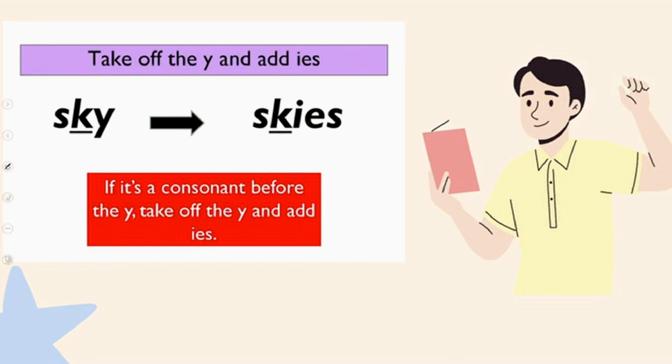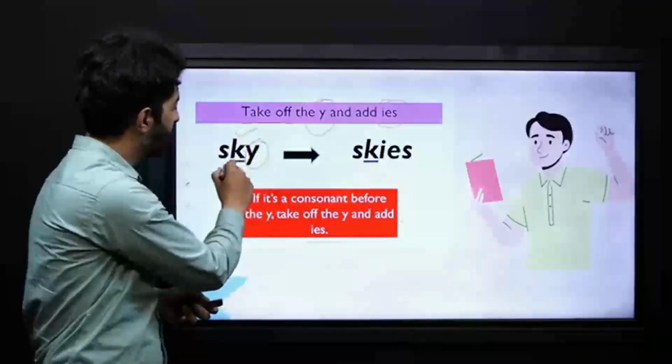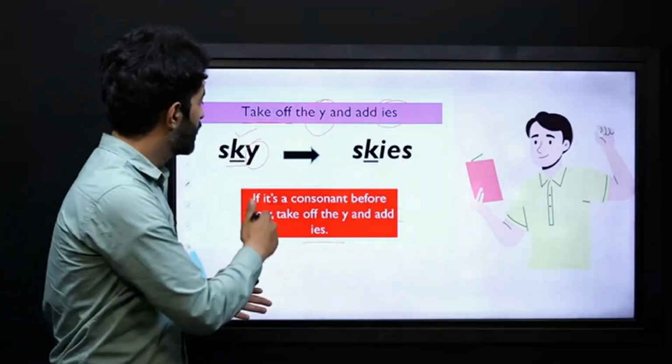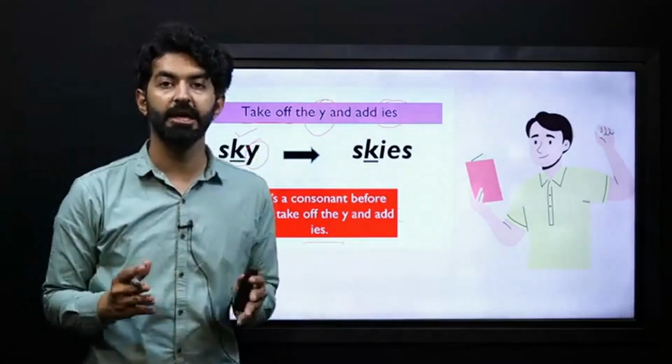For the consonants, take off the Y and add IES. If it's a consonant before the Y, take off the Y and add IES. For example, sky, with the consonant before Y, we have K here. We will remove the letter Y and add IES instead.